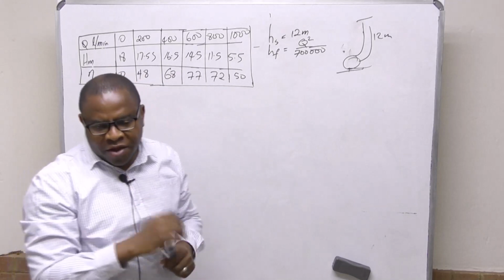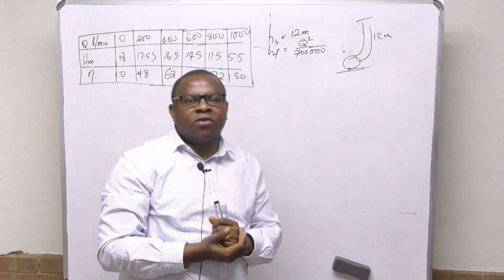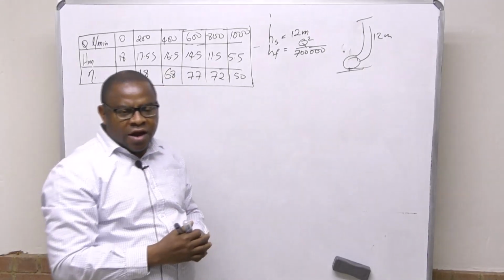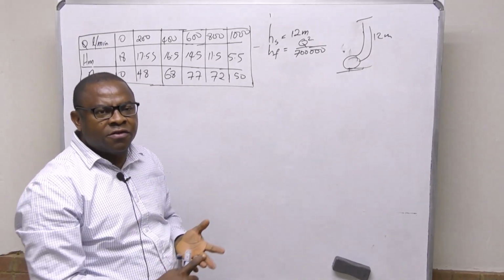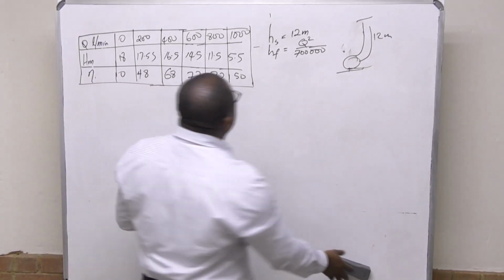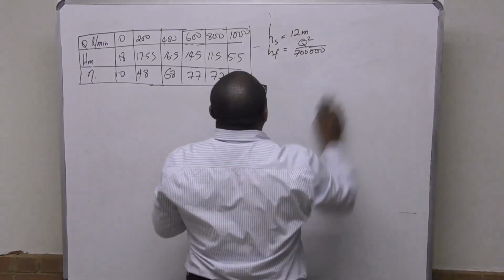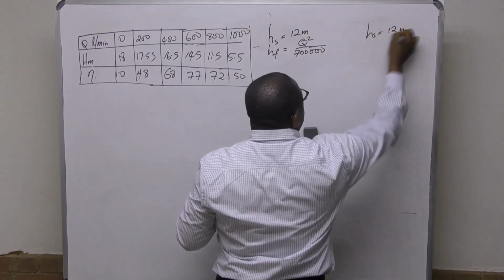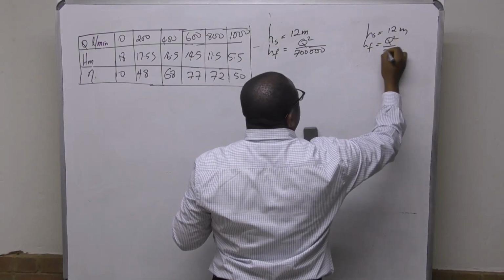From there, from the operating point, we'll be able to calculate the quantity of water that will be pumped. When you have one pump, you have two pumps. Let me just write this here. So HS is 12 meters, and the HF is Q squared over 700,000.